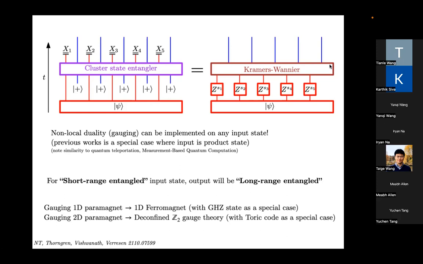And that's why starting with the product state on the red sites will give you the GHZ state on the blue sites. What people previously knew was that doing this with the cluster state works. We're saying this is more general. If you start with any input state that is, for example, Z2 symmetric, you'll get the Kramers-Wannier dual by doing this protocol. Yes.